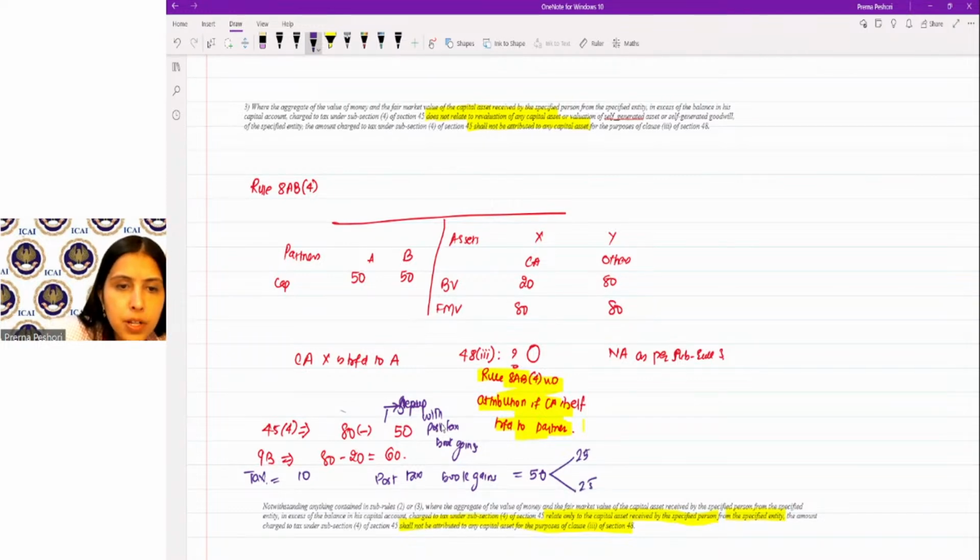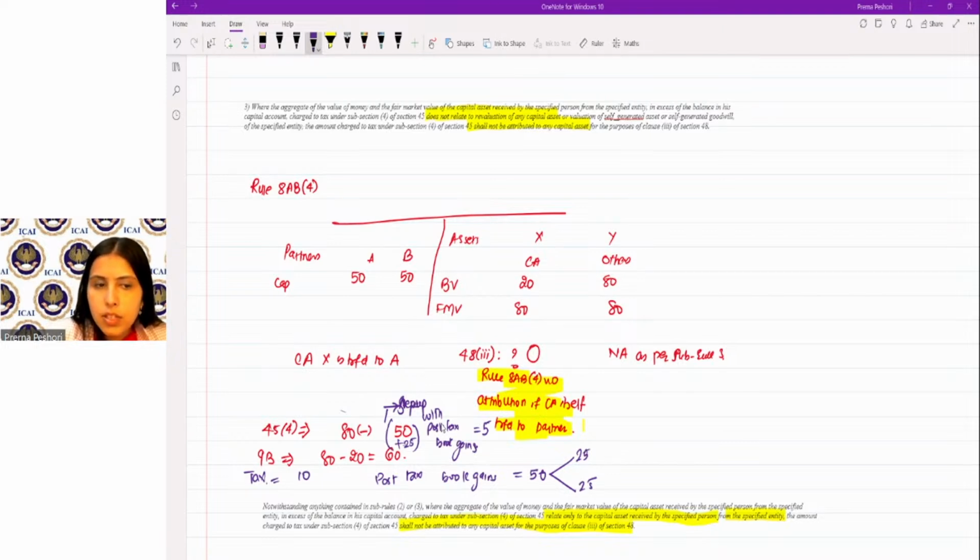So 50 plus 25, 75, and the capital gain under 45(4) would have been 5. Because that time we did not discuss the circular, I have not added it over here. But now you can make an amendment because we have discussed the circular already.